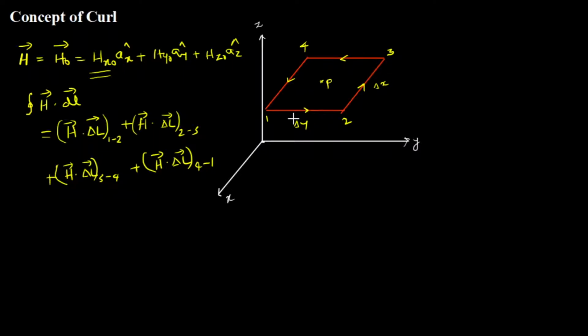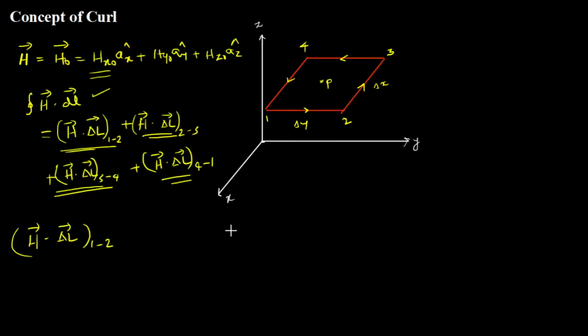So if I evaluate the magnetic field intensity over this length plus over this length, I'll get the total H dot dL. Now my duty is to calculate this individually. How am I going to evaluate H dot dL of each section? So let me take the first section. How am I going to evaluate H dot delta L for the first section of the closed path?